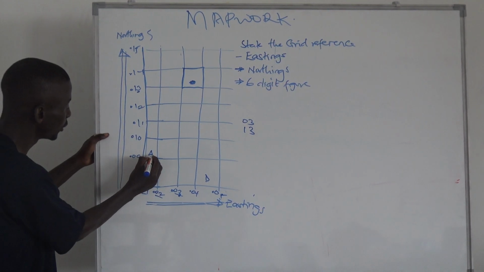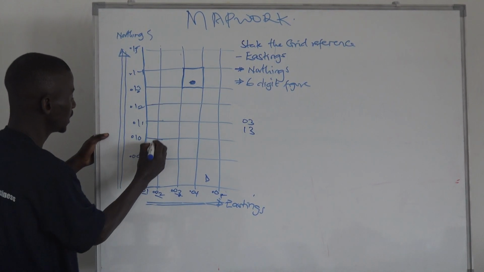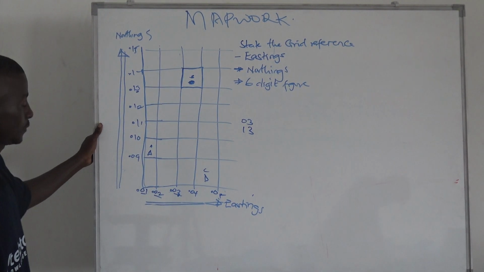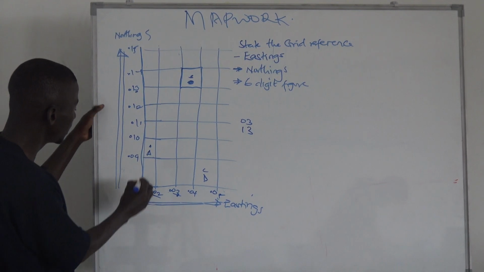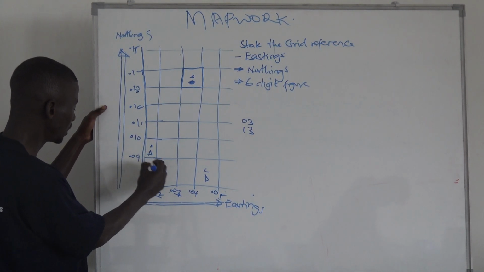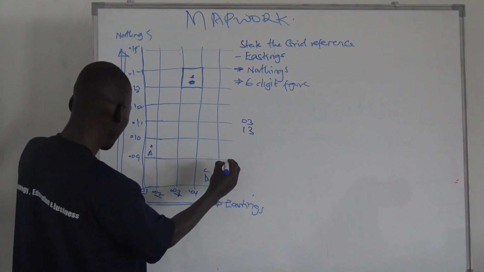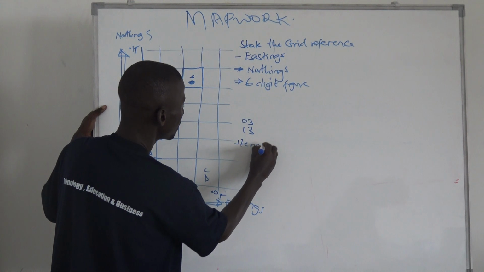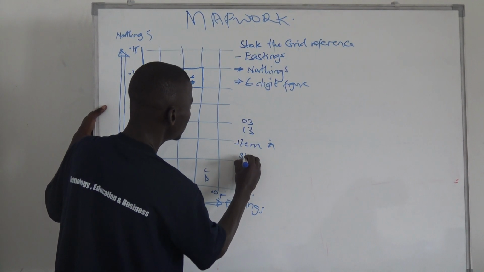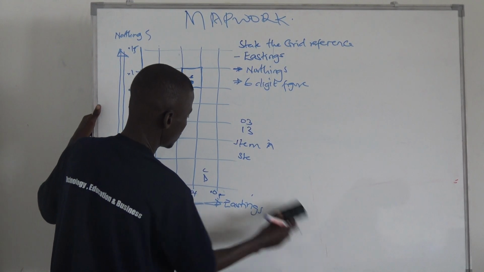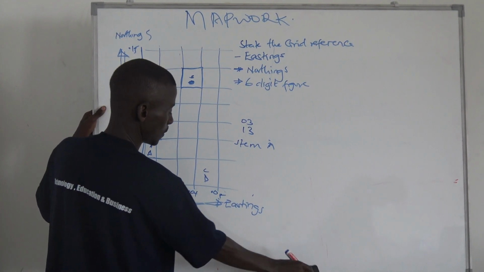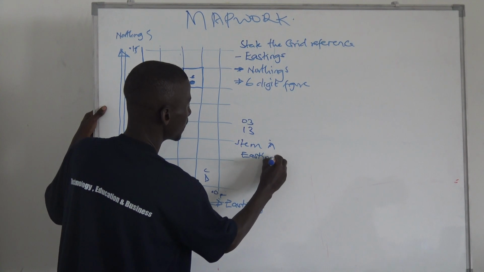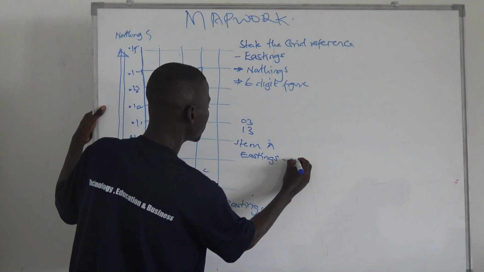So for this item here, maybe this is item A, this is item B, this is item C. For any item in A, eastings is 0, 1.